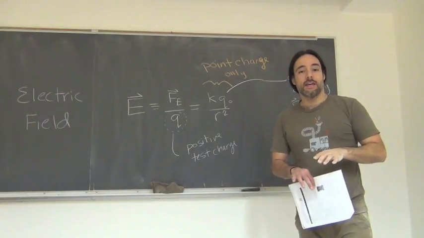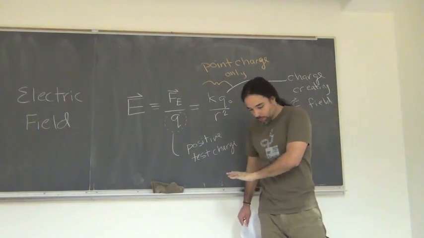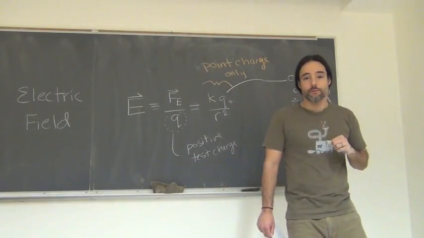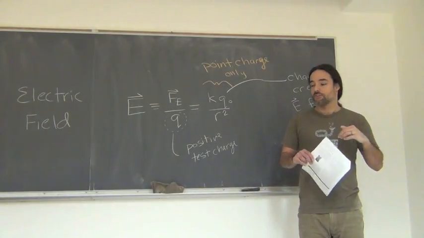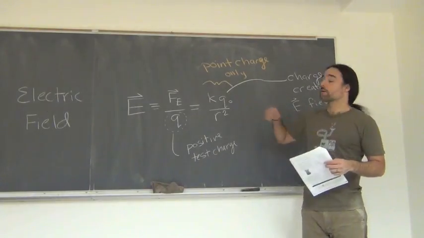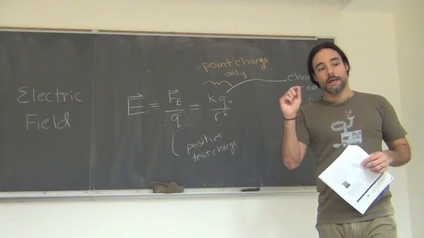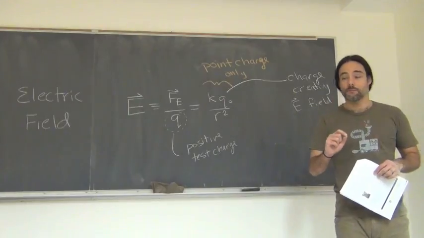If I had, let's say, a whole sheet of charge, so I take the floor around me and I charge it all up, that would not give me the same electric field. If I had a cylinder of charge, that would not give me the same electric field. This only works for charges that are small enough that I can approximate them as all being in one point.